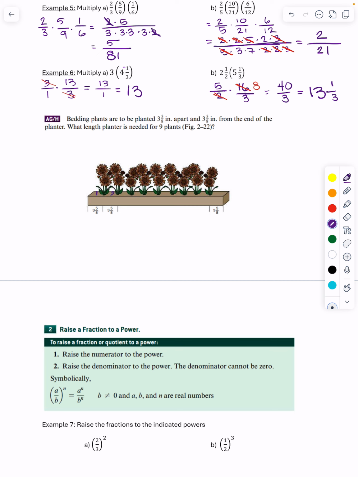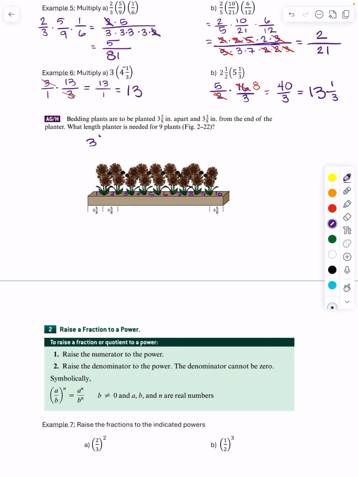Here's 1, 2, 3, 4, 5, 6, 7, 8, 9, 10. I actually have to multiply this by 10. The reason we write that in there is because a lot of times we forget that extra 3 and 5/8 on the end.